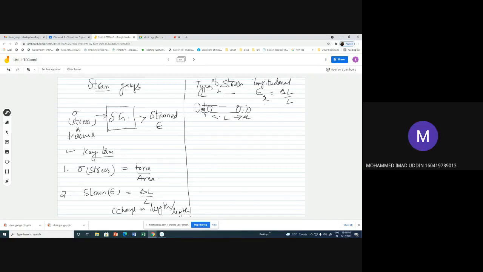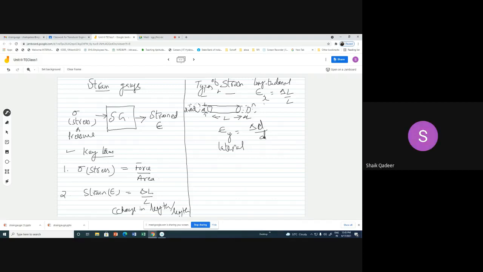So this direction of strain is called lateral strain, represented as delta D divided by D, epsilon in the y direction. Hope it is clear to everybody.